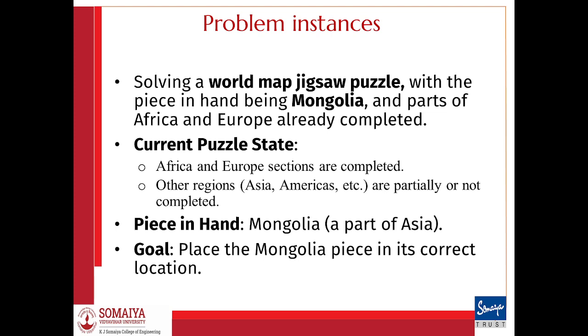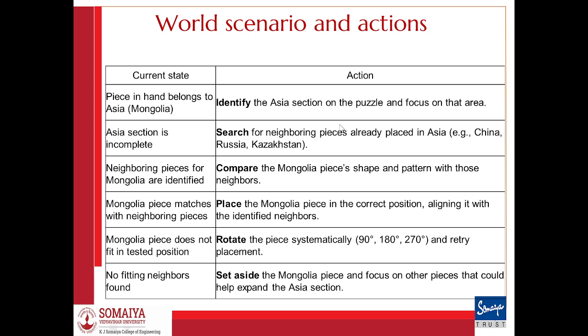Let us consider a problem instance wherein the agent is solving a world map puzzle and the piece in hand is Mongolia, wherein the parts of Africa and Europe are already completed. In the current state, there are various actions the agent can take, and each one of them might be applicable or might not be applicable. For example, when you have Mongolia in hand, you can identify the Asia section on the puzzle and focus on that area.